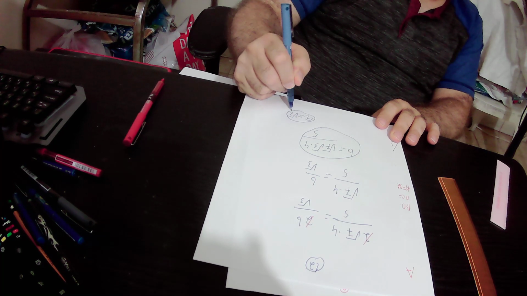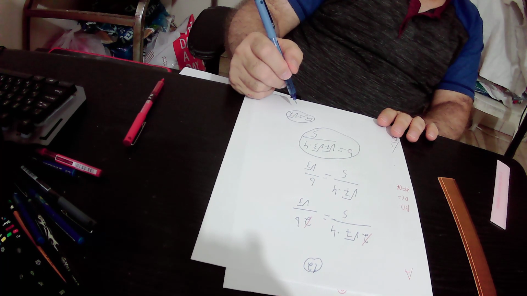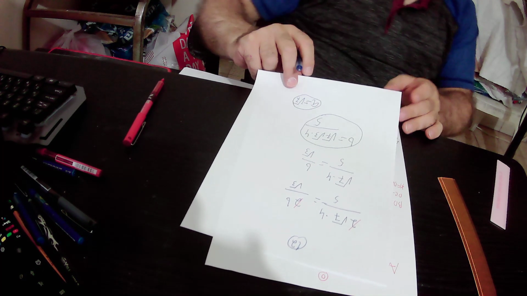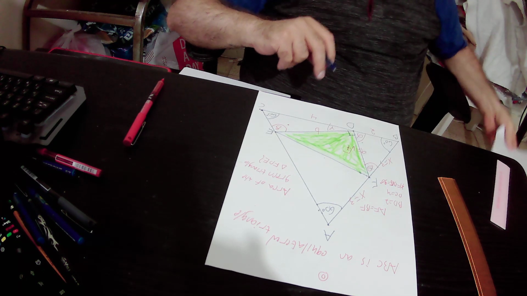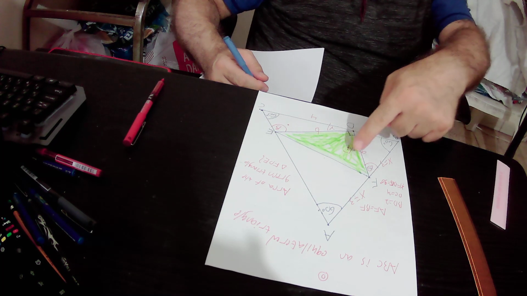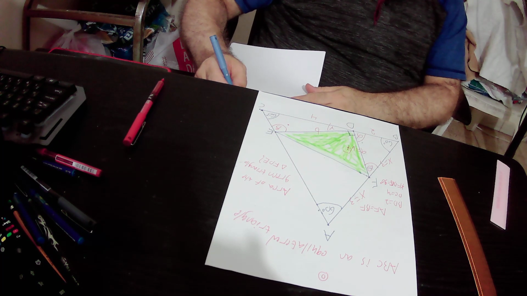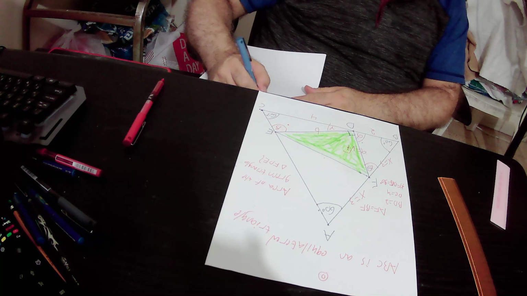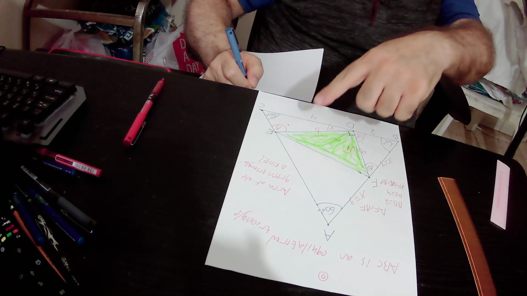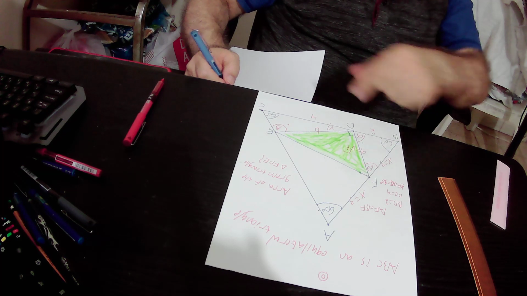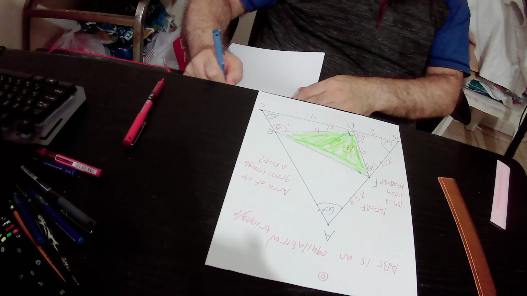So after we know the values of A and B, we can find the area of the green triangle, because what is the area of the green right triangle FDE? The area of the green right triangle FDE equals the base of the triangle, that is B, times the height to the base, that is A, over 2.